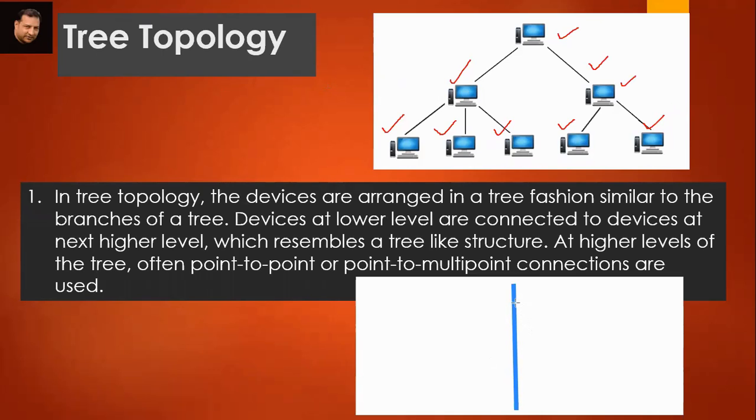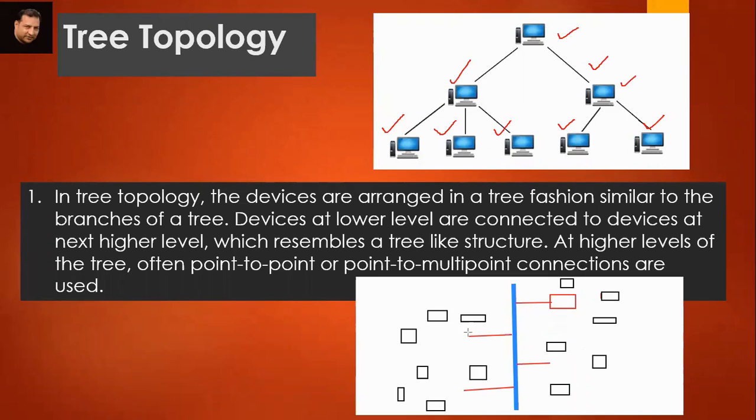And with this we can have connections like this. Now suppose this is a hub or switch, and we have various nodes. This is node 1, this is node 2, this is node 3, like this.